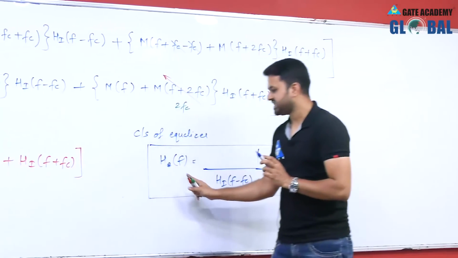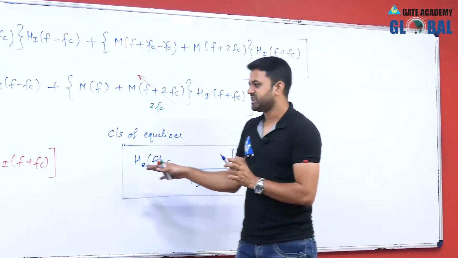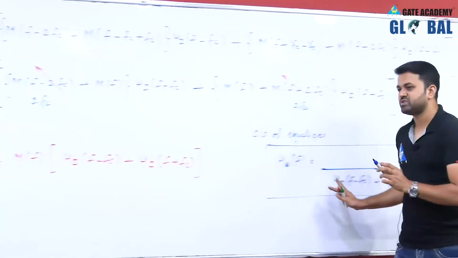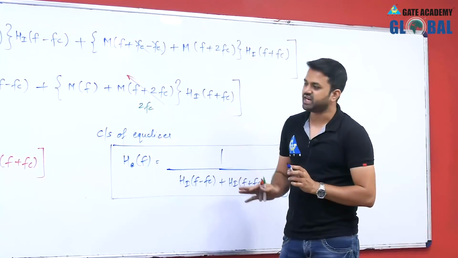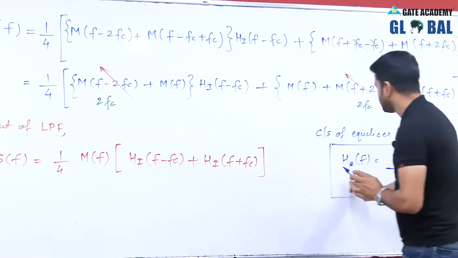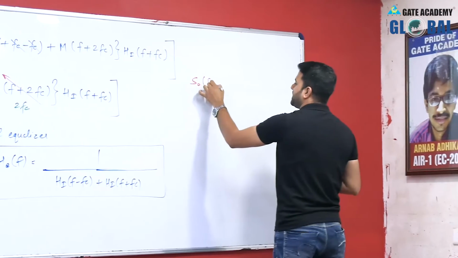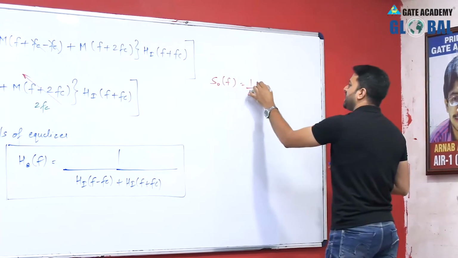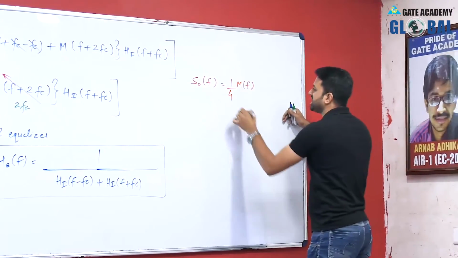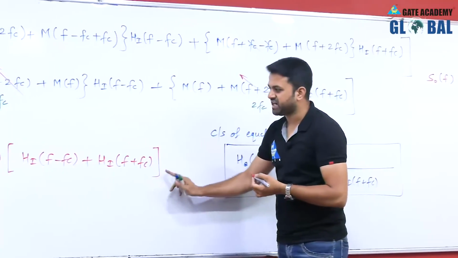will be multiplied with this term, because it will pass through another equalizer and the response gets multiplied. After multiplication we get only the message signal, because when you multiply these two terms, this output, S0(f), suppose 1/4 M(f), after multiplication you will get 1/4 M(f), because this H_e(f) will be multiplied with this.